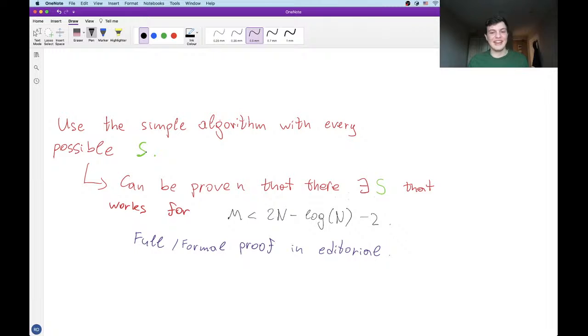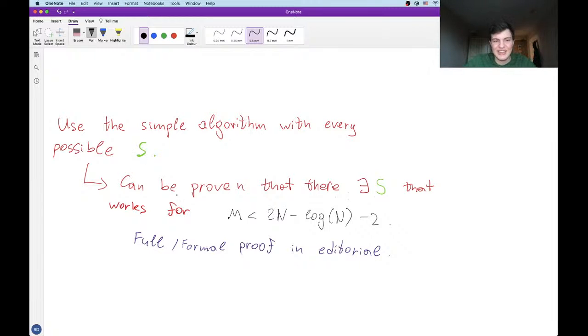Then if just one of them works to have all of the subgraphs strongly connected, you're basically fine. And yeah, that's pretty much it. You just check every possible S, and you can actually just see whether one of them works for the M.